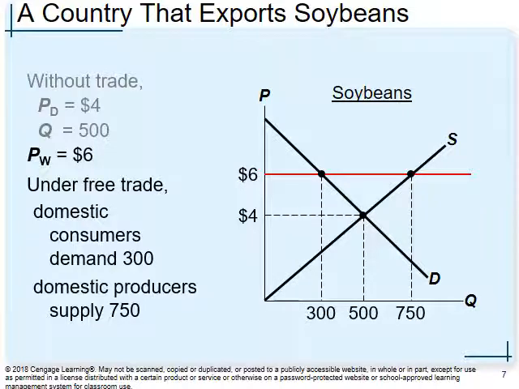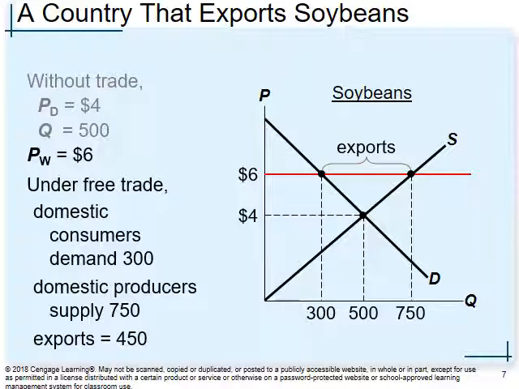So 300 at the price of 6, this point is the demand for soya beans at the local market, and then between 300 and 750 is the level that would be exported. So this part of the production will be exported.